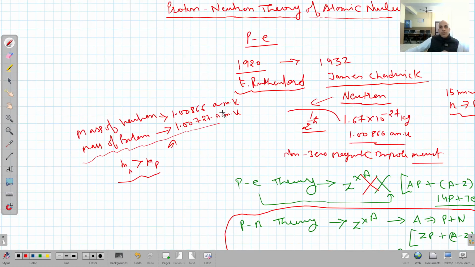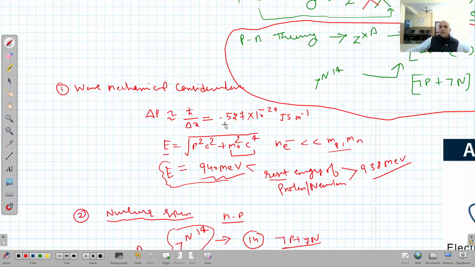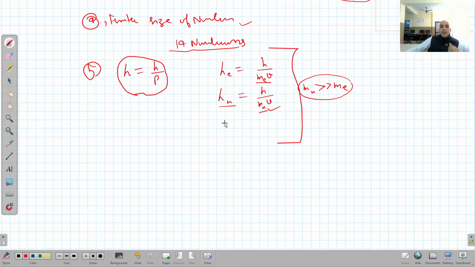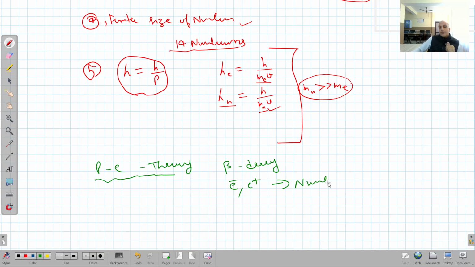The proton neutron theory removed all these objections, but now a new problem arises. The problem that was the foundation of the proton electron theory: the foundation of proton electron theory was beta decay, meaning electron or positron are coming out of the atomic nucleus, right?